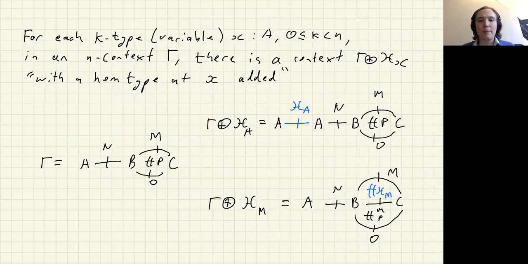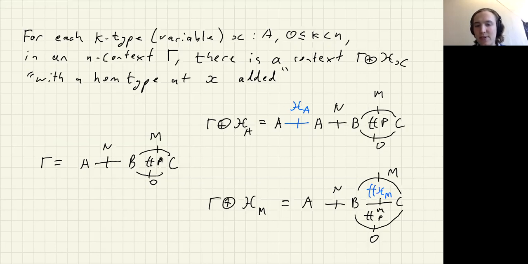Right. So now that we have these identity types, these homomorphism types, if we start off with some globular pasting diagram of types, which I call contexts, then we can start to add those homomorphism types into a context. So if we start off with a pasting diagram like this on the left, and then we choose some low dimensional element, say A, and then we add in a homomorphism type at A, we will get a new diagram of types that looks like this.